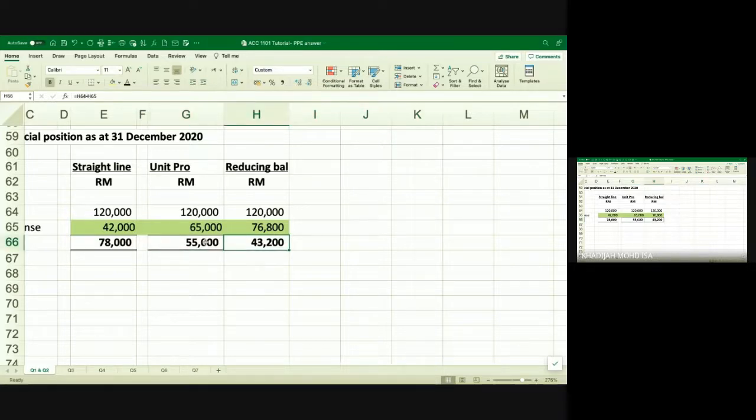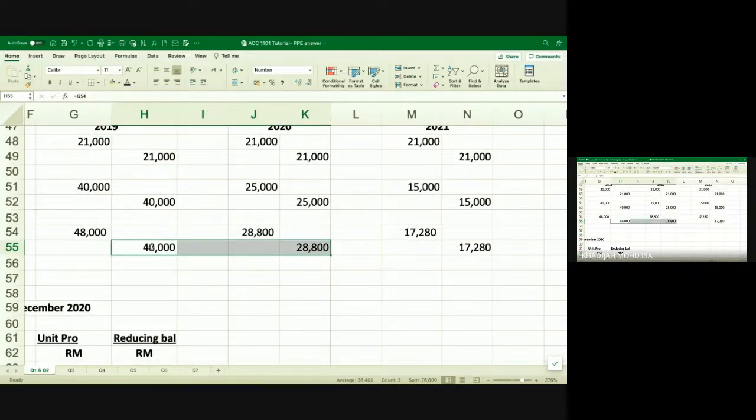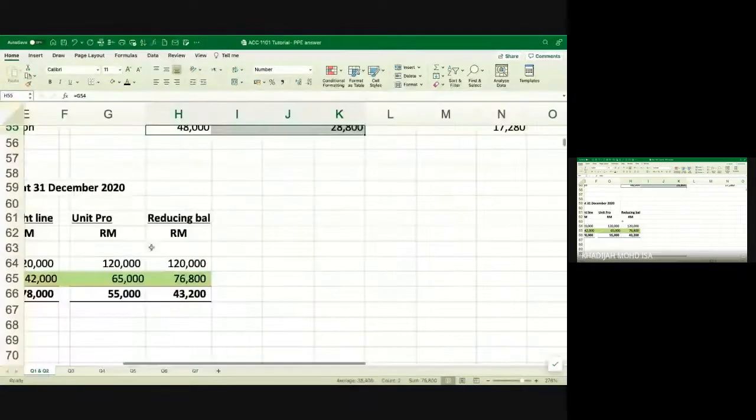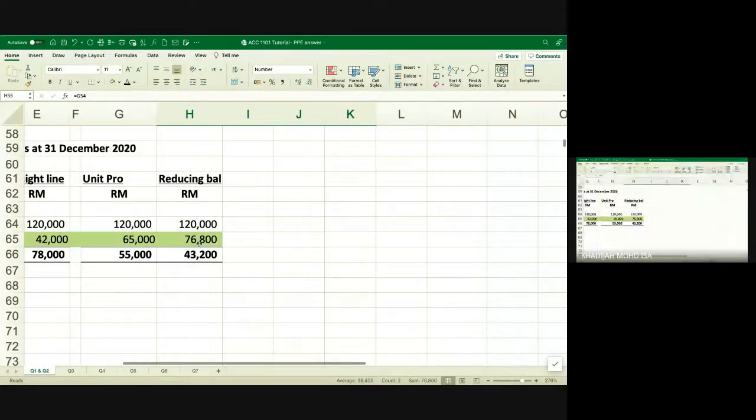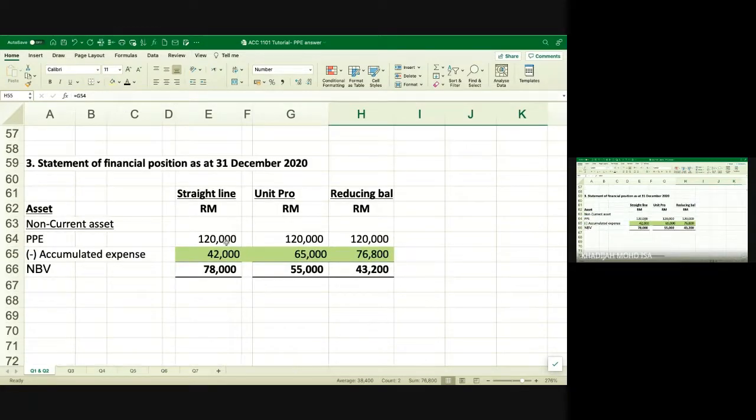But for the third one, reducing balance, the first year is 48,000, the second is 28,800. You add these two together, you get 76,800. So your net book value is 43,200. All right. So is that okay with you? Statement of financial position. Saida?